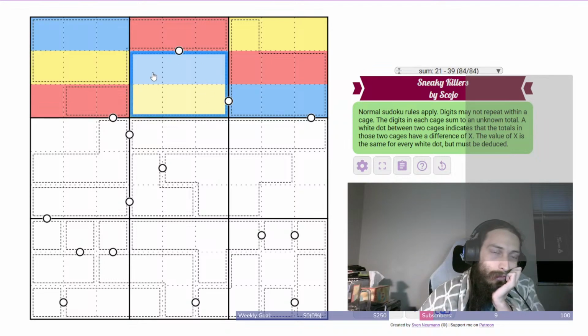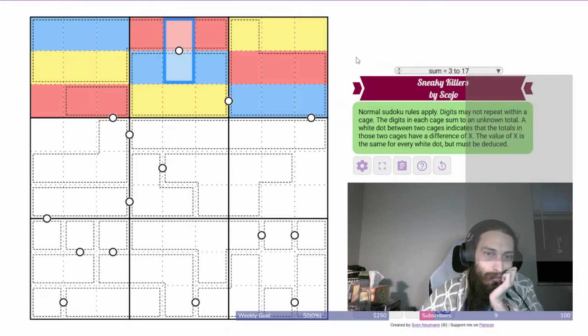Yellow-blue is the same here, and these two cages differ by some amount that determines how all of the cages differ.